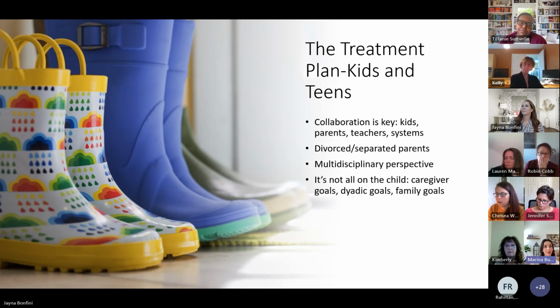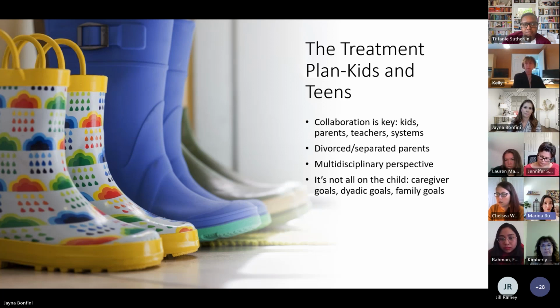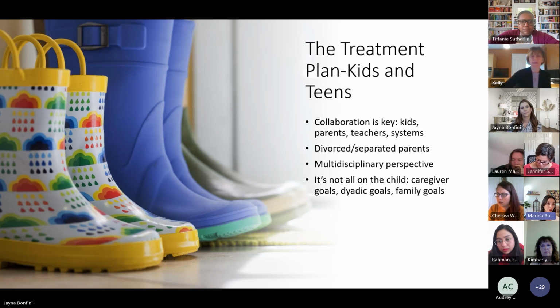When you work with kids and teens, you may run into situations where there's parental separation and divorce cases. In those scenarios, we also should always try to engage both parents in the treatment planning process. Although one parent can consent to treatment, therapy will likely be more effective if we have both parents on board, right? If there's co-parenting happening, we want to make sure there's consistency between the two homes. For that reason, we can also minimize any potential problems that can occur if there's a lack of transparency with the other parent, right?